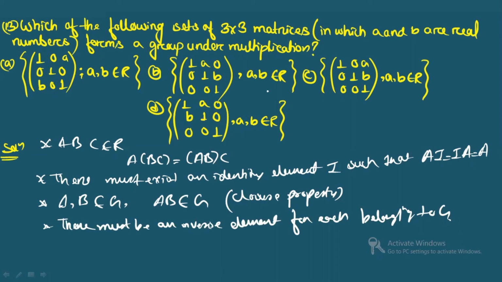We have B and C. So if you check option B and option C, for these 2 options, if you take option B and multiply 2 matrices, just see the matrix of option B. It is 1, A, 0, 0, 1, B, 0, 0, 1.